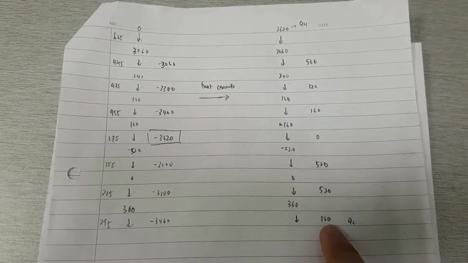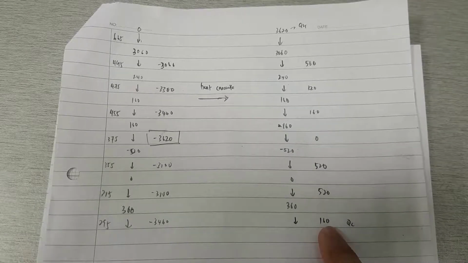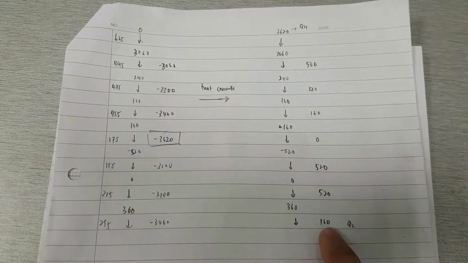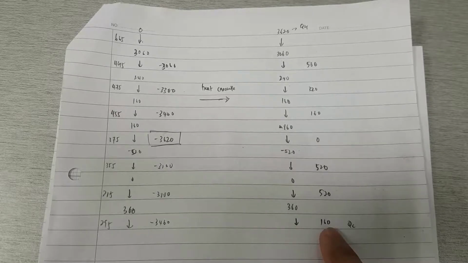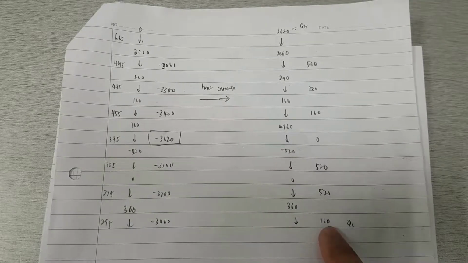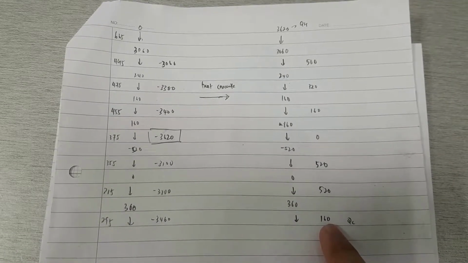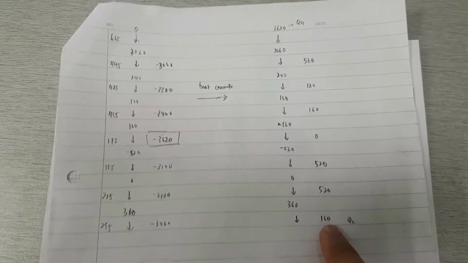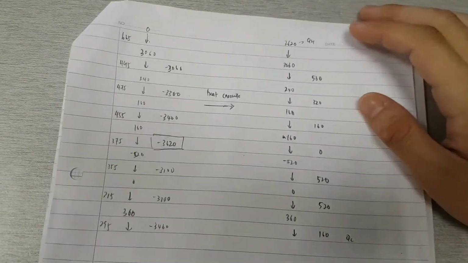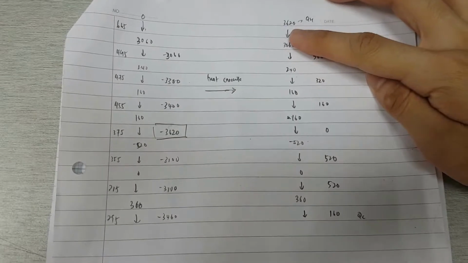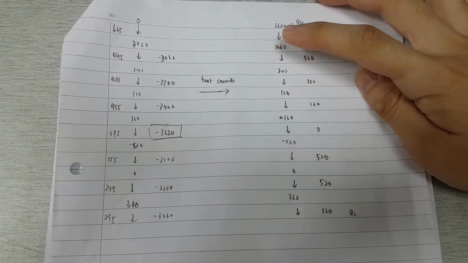And this 160 is actually the cold utilities for the pinch analysis that we have done just now by using delta T min equal to 10. And this 3620 will be our hot utilities.